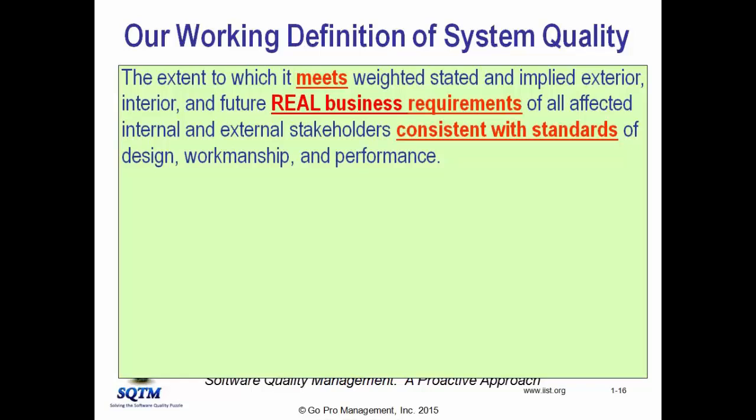They provide value by achieving objectives, and they provide value only when they are actually satisfied by some product, system, or software. So the product, system, or software is the means for satisfying the real business requirements. And the real business requirements include relevant standards of design, workmanship, and performance for both internal and external stakeholders.